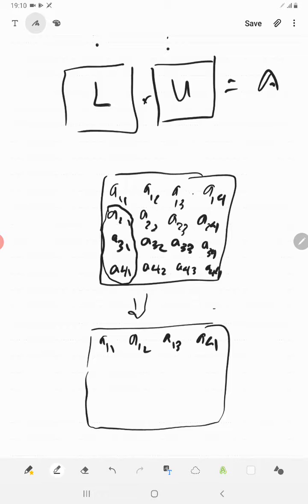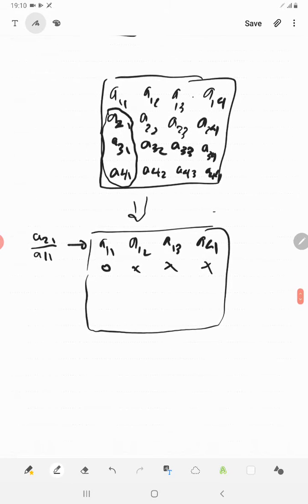And then let's look at the first elements. What we have, A21 here. We want to have A21 also here. So when we subtract them, we get 0. So we multiply this by A21 and divide by A11. So when we subtract that, we get a 0 here.